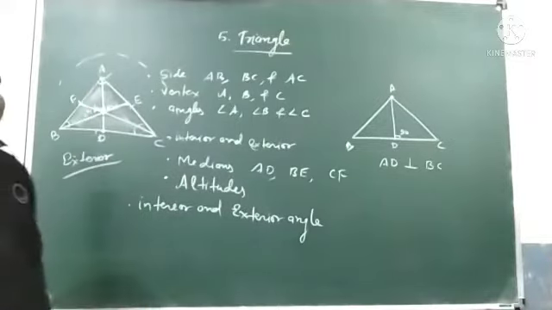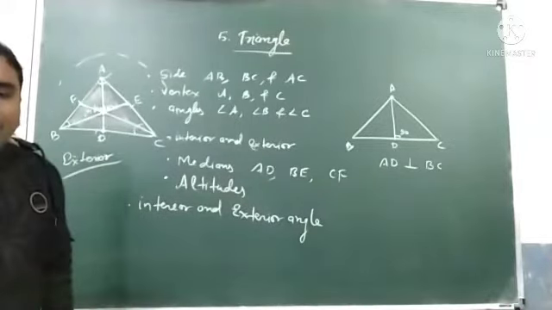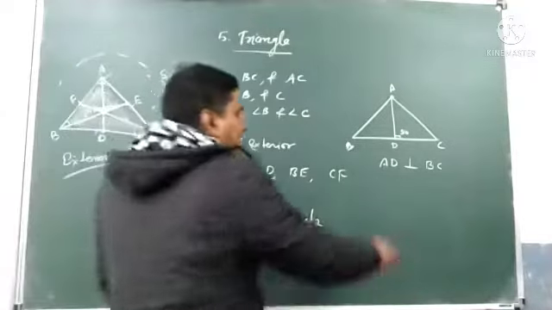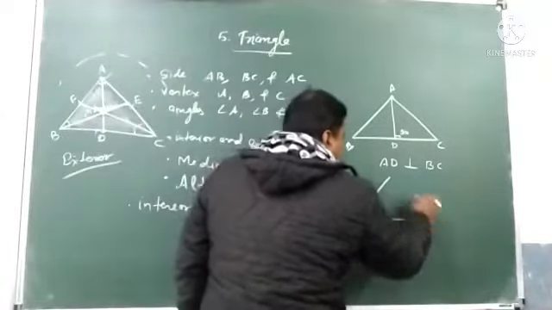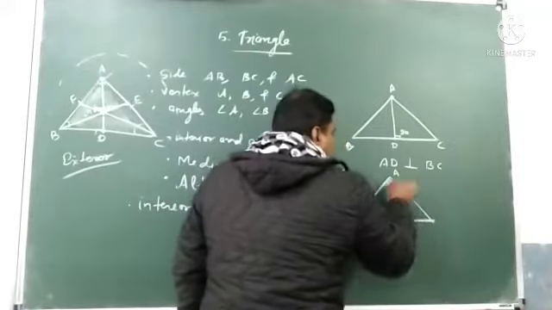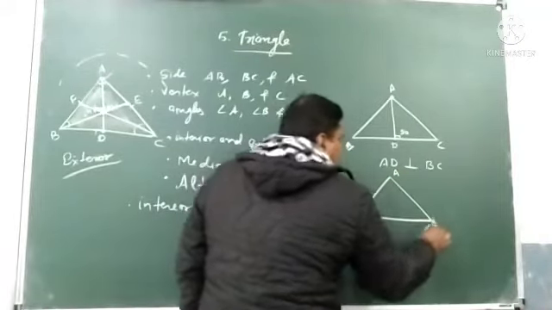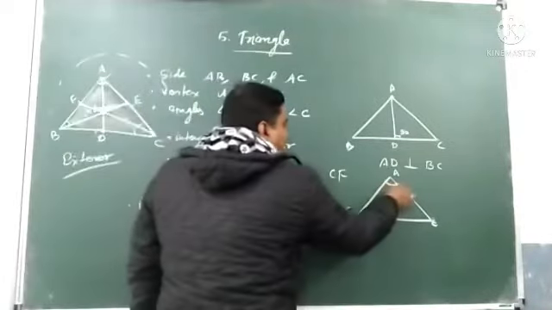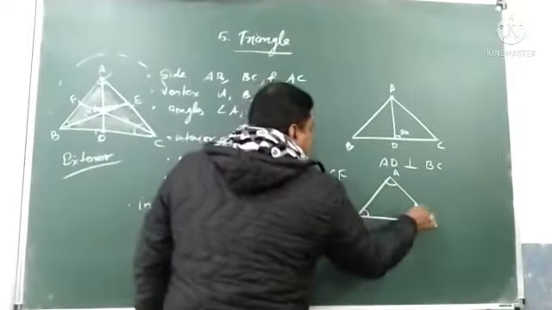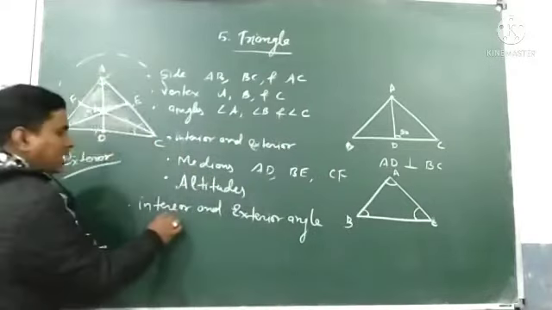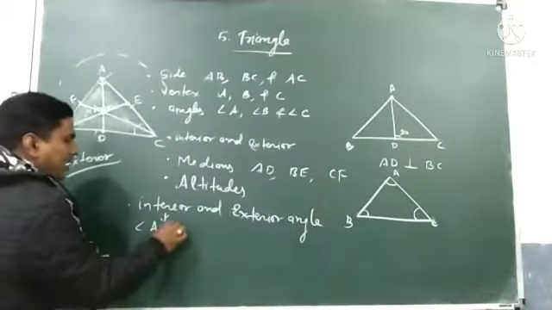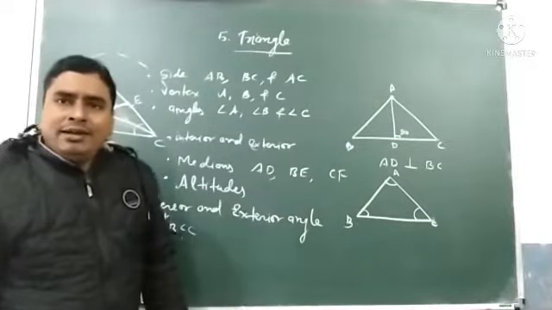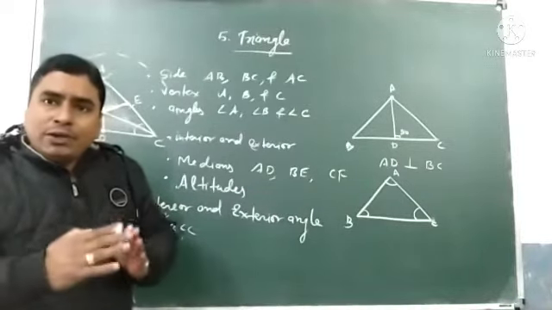Now, exterior and interior angles of a triangle. So see here, suppose it is a triangle ABC. Okay, students? These angles A, B and C are called interior angles, inside the region bounded by two lines.